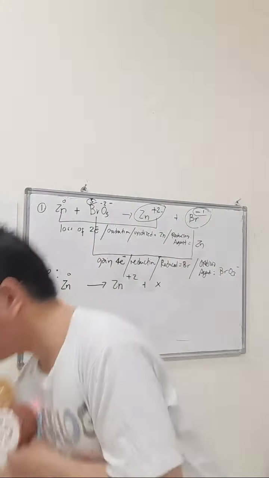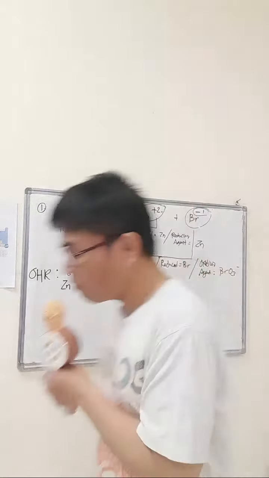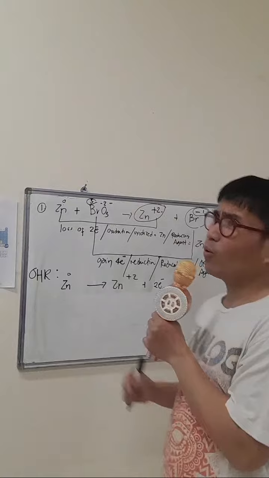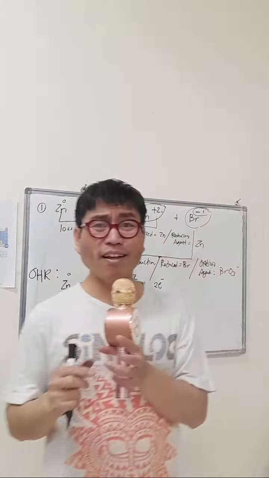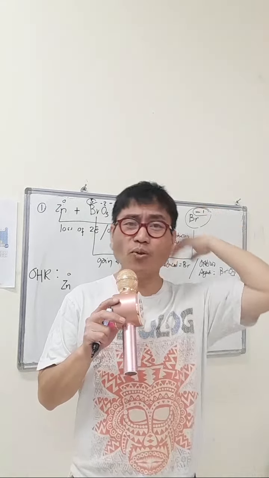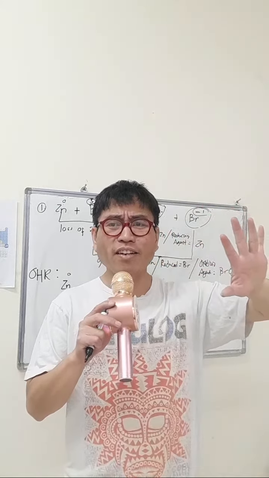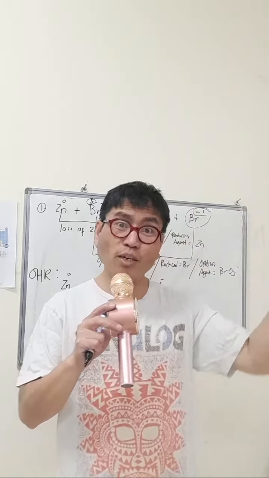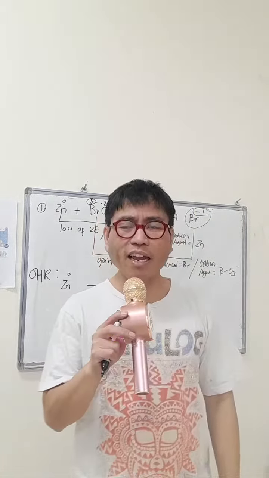So, 2 electrons. The same also in algebra, you remember that one? Polynomial or something like that. The quadratic equation, the trial and error method, a lot, right? You multiply, factor the polynomial.